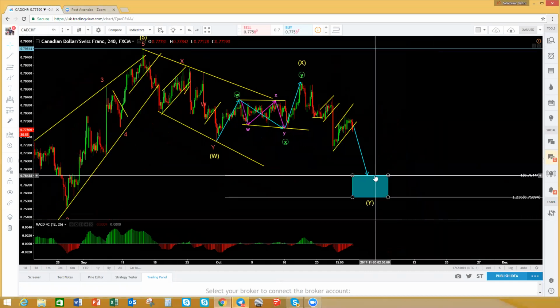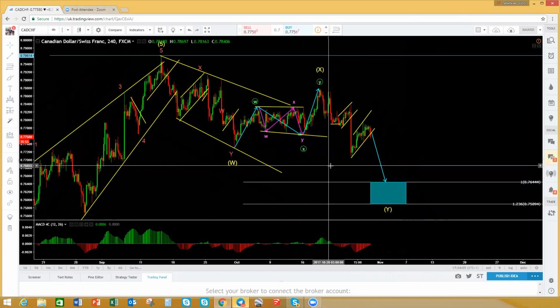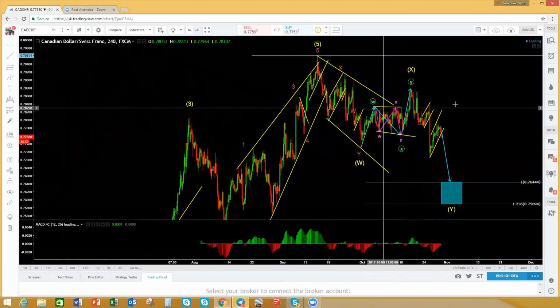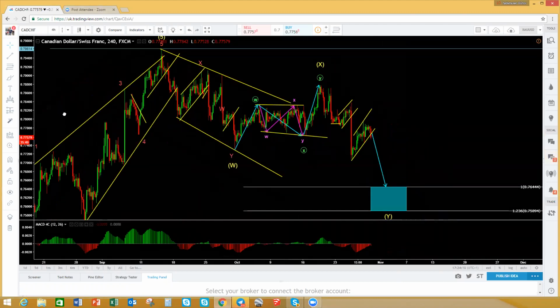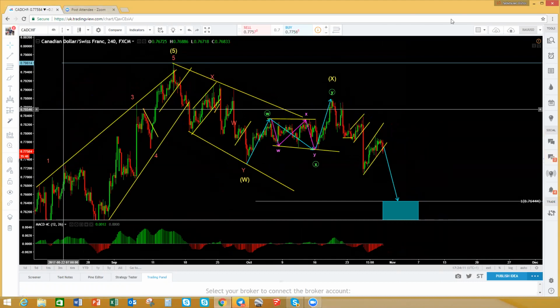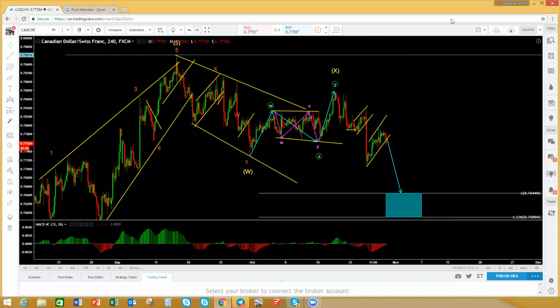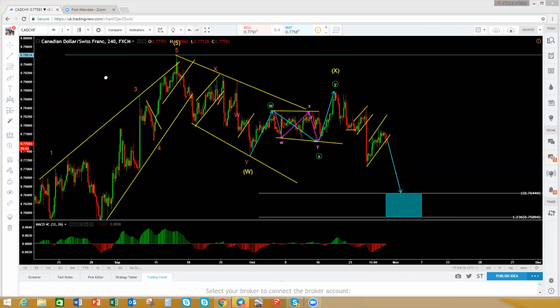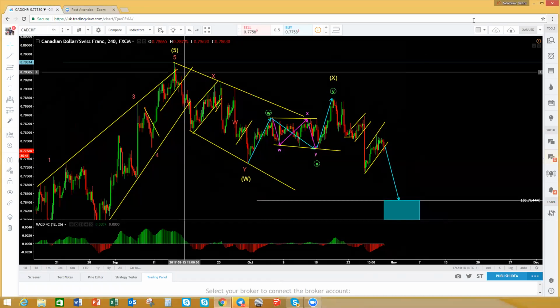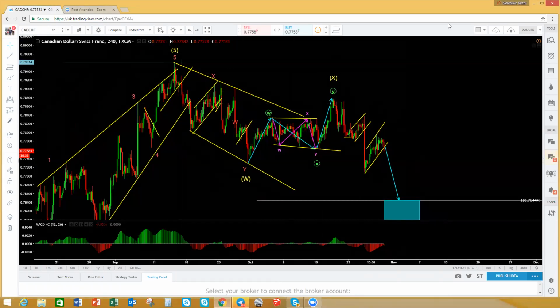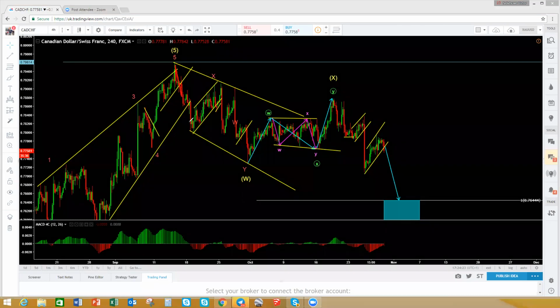And my target is 176.44 there. And this is the reason why I'm taking this one. And just another bit on the education side here. You can see here that we've got the impulse, and this is the wave 5 in yellow. This thing ended in wave 5. And after wave 5, we had the corrective structure 1, 2, 3, 4, 5. That's the first wave.